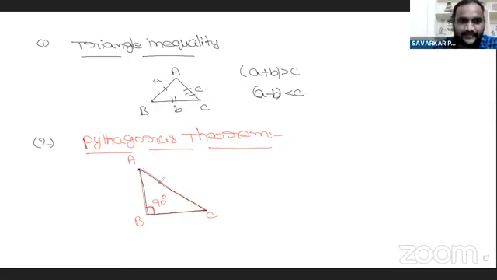So in triangle ABC, a right angle triangle, angle B is 90 degrees.